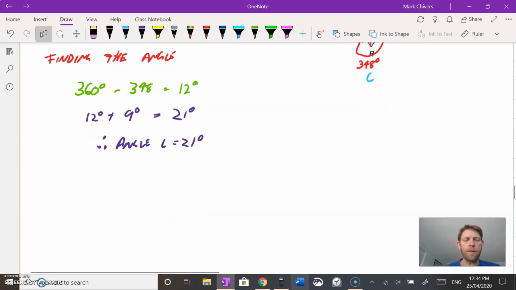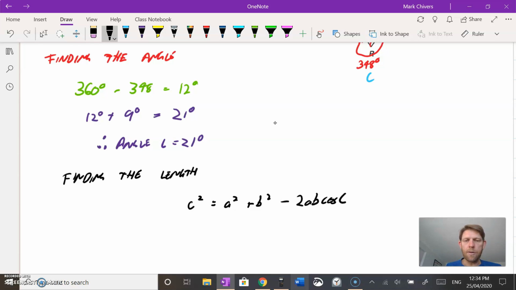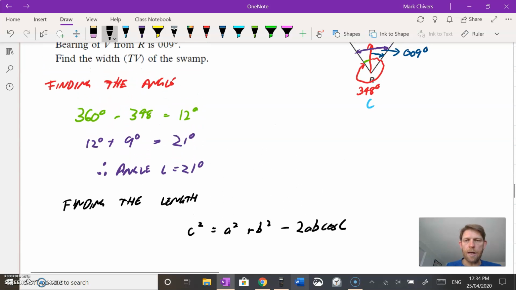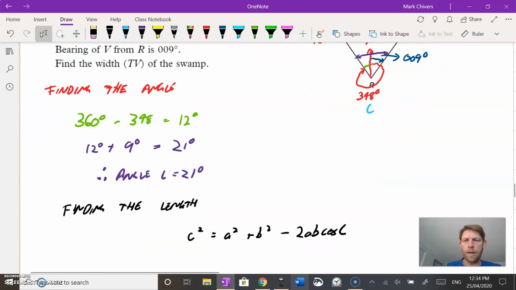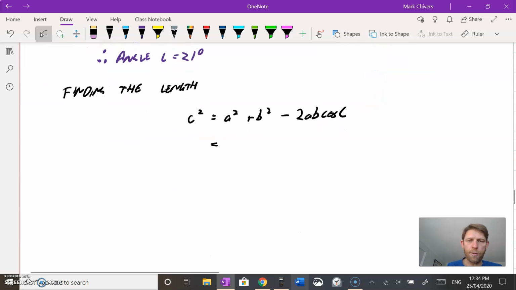Okay, so now that I know that, I can start to use my formula. So finding the length, we're going to end up with C squared equals A squared plus B squared minus 2AB cos C. So in this particular case, our A squared is going to be 130.